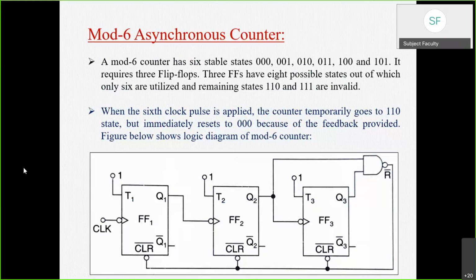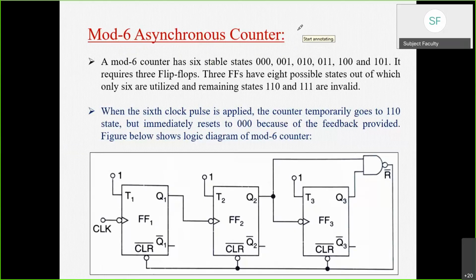Okay. So in order to achieve 6 counts, what should my counter be? It should be 2-bit, 3-bit, or 4-bit. I want to count 6 states, so which counter should I choose?